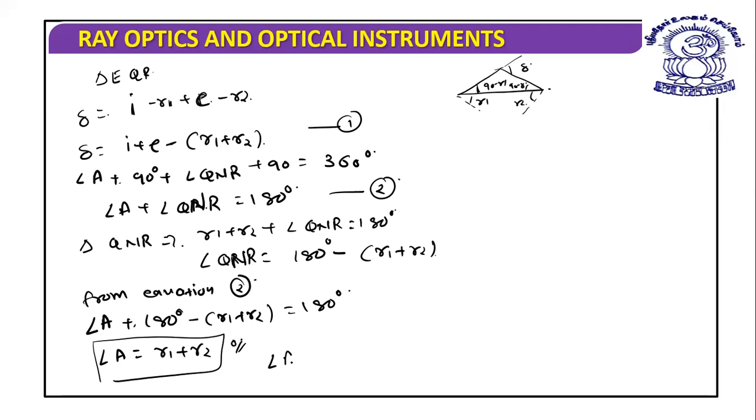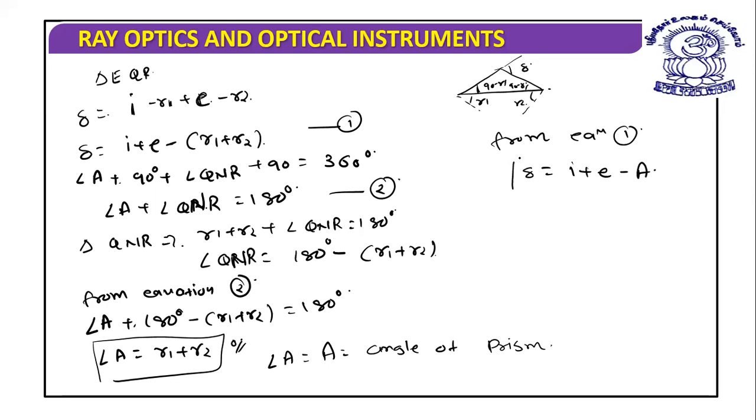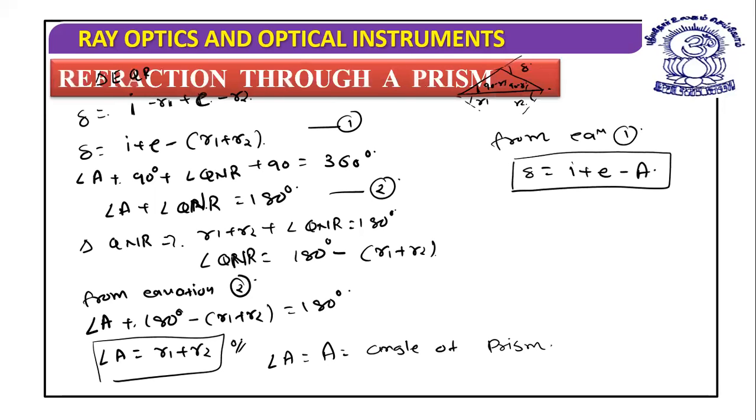Here angle A can be simply written as A, which is called the angle of prism. Now put the value of A in equation 1. So from equation 1, we can write delta is equal to I plus E minus A. So this is the equation of the angle of deviation for a prism.